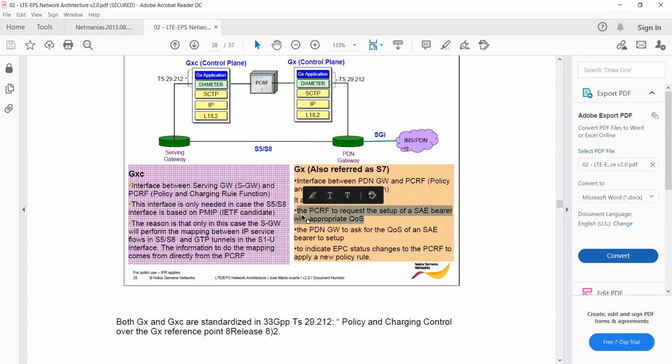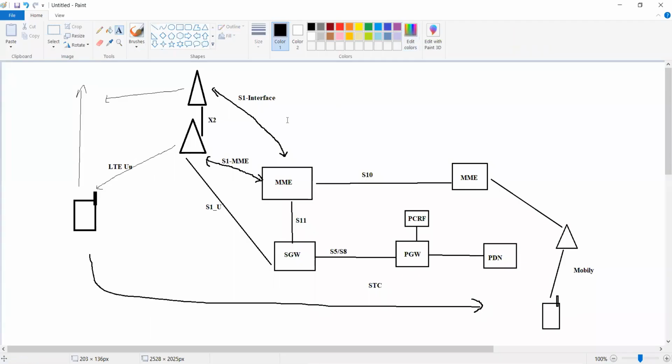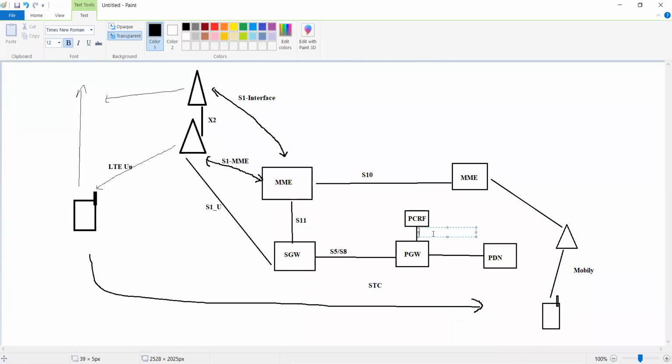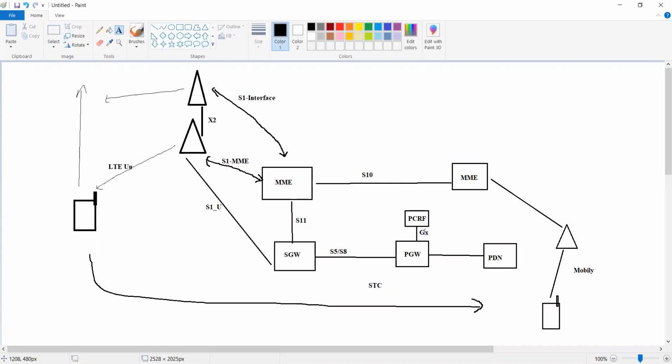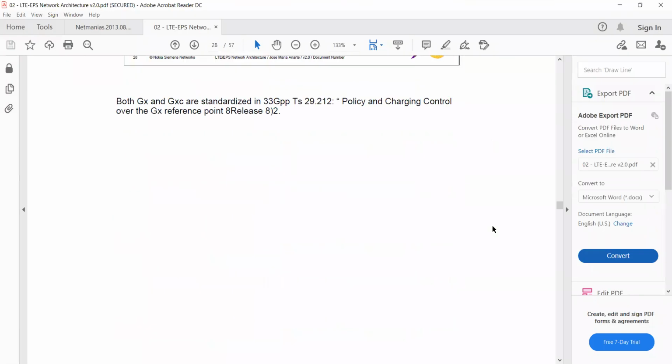Noted this one. So this is our Gx interface. Fine.